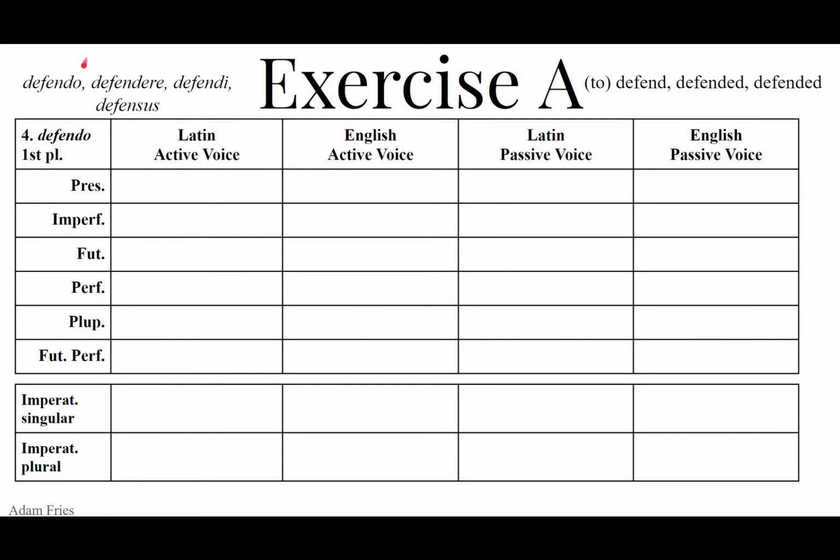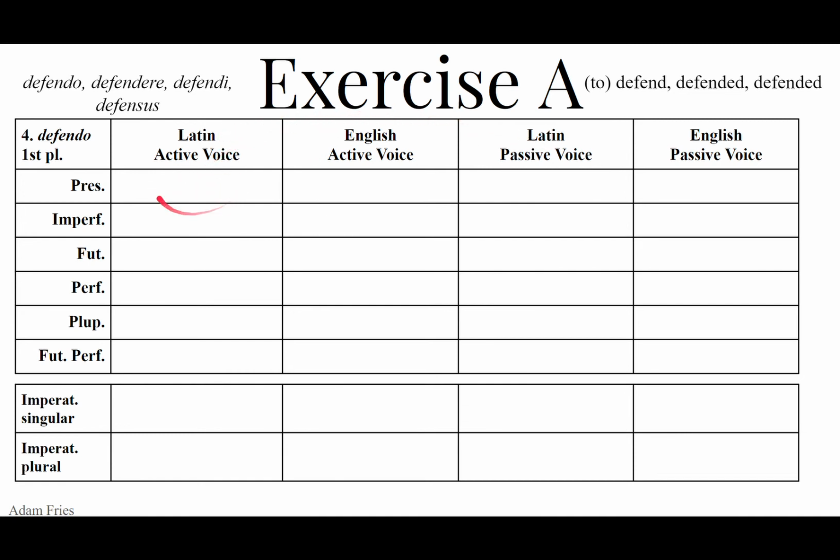Drop the O off of the first principal part, defend, and write defend in the present, imperfect, future, active and passive voice. We want first person plural, so mus for the active voice, and for the passive we use mur.